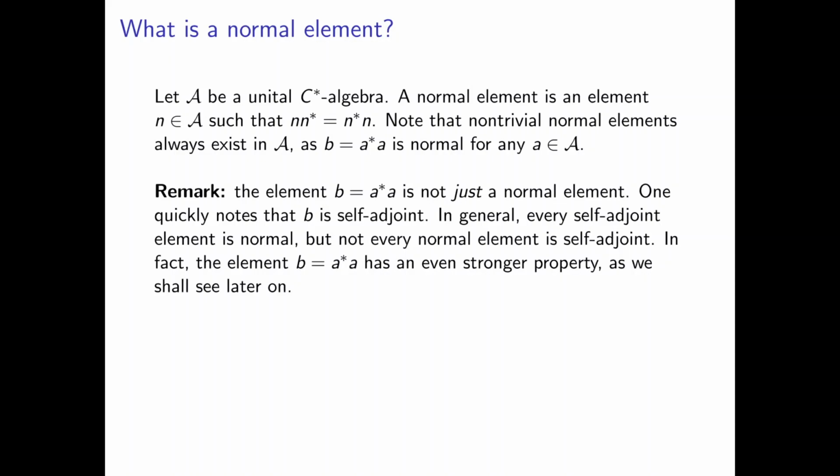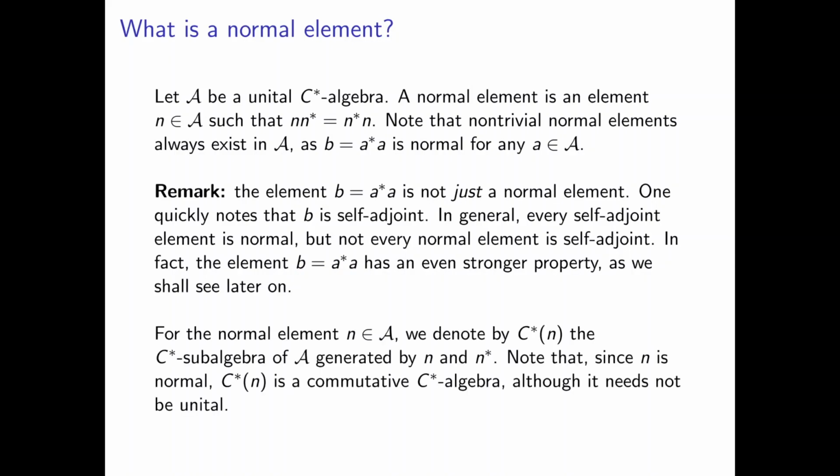And in fact, as we shall see later on in this lecture series, maybe in, say, 2 lectures, the element B, which I had here, has actually stronger properties than just being self-adjoint, which we will see later on in this video series, but not today. Today we're focusing more on how the functional calculus works for normal elements.